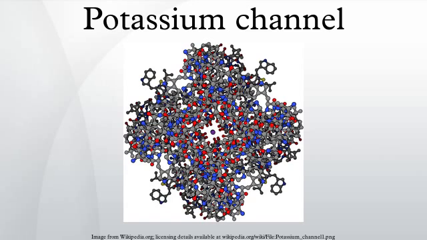Types: there are four major classes of potassium channels. Calcium-activated potassium channels open in response to the presence of calcium ions or other signaling molecules. Inwardly rectifying potassium channels pass current more easily in the inward direction.